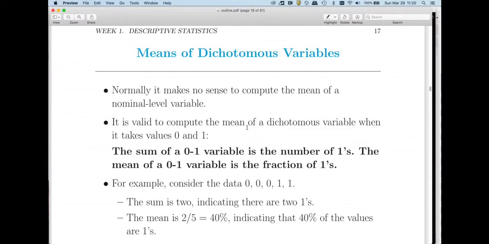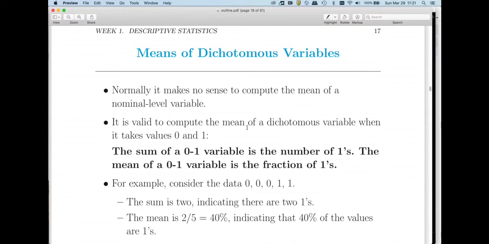Like remember our fitness club example where you had book statement and two types of electronic fund transfers. You can't compute the mean payment method. I can't compute the mean marital status. But if I have a dichotomous variable, so dichotomous means it only takes two values, then I can compute the mean of it.